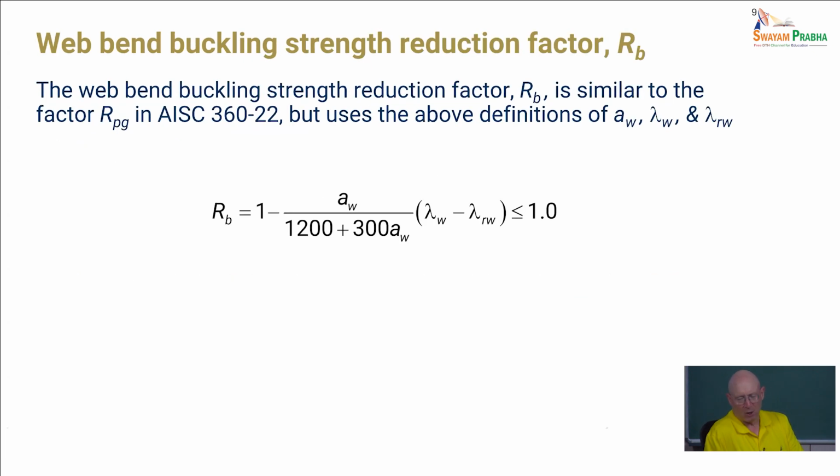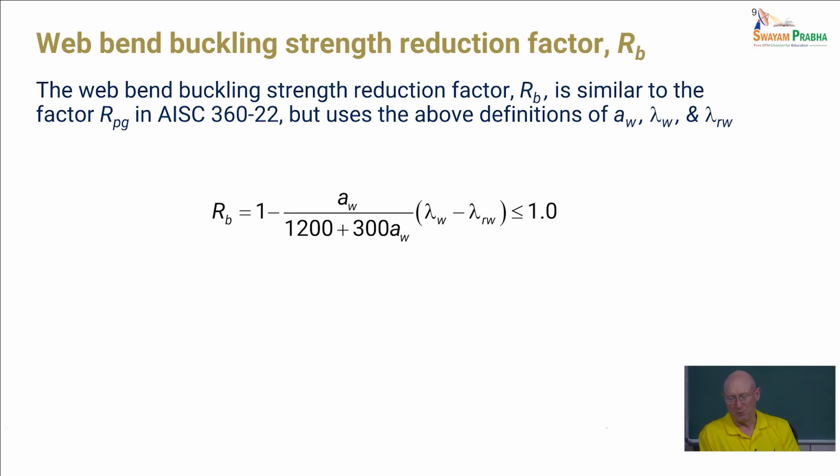And then this is the equation that is an approximation of basically the influence of using an effective width if we were to take that approach in the web. And the equation is the same as the RPG equation that we've been using. However, we're using it with terms.